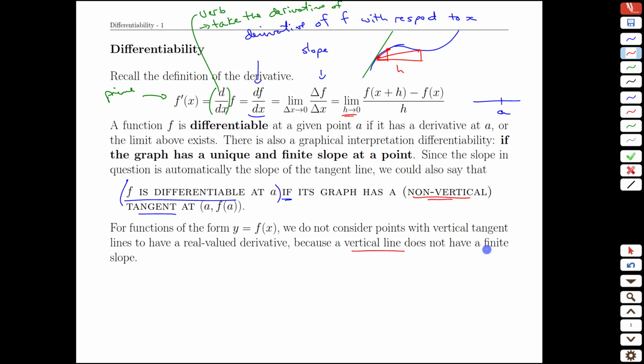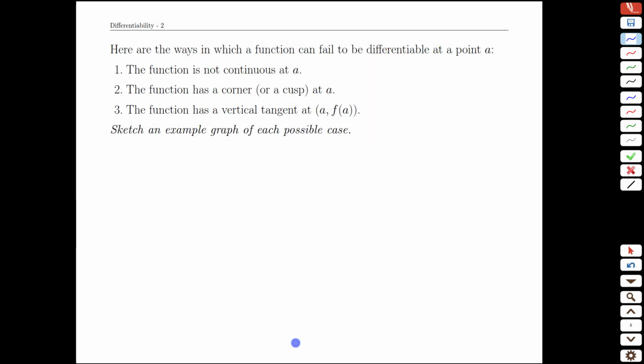Because a vertical line does not have a finite slope. If we talk about a line that's up and down, we could say the slope is either undefined, or some might call it infinitely large, depending on how we get there. So a pure vertical line on an axis is not something that would have a slope.